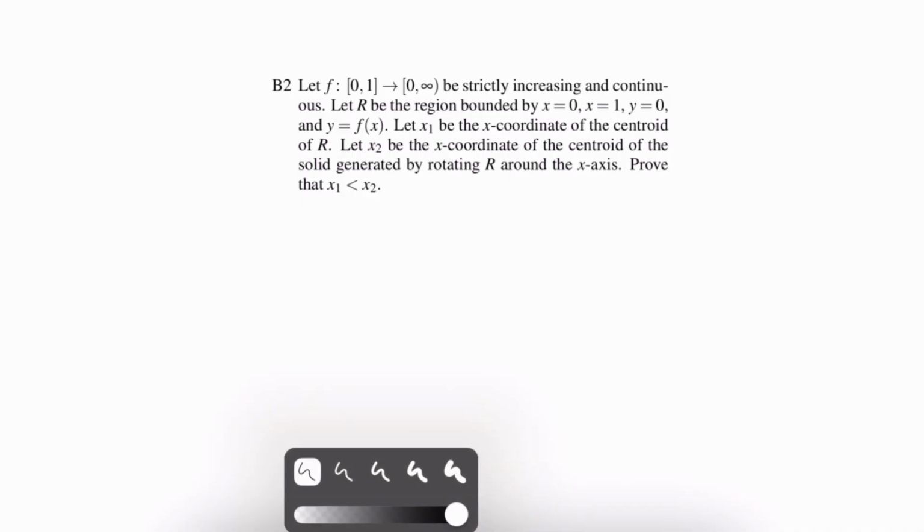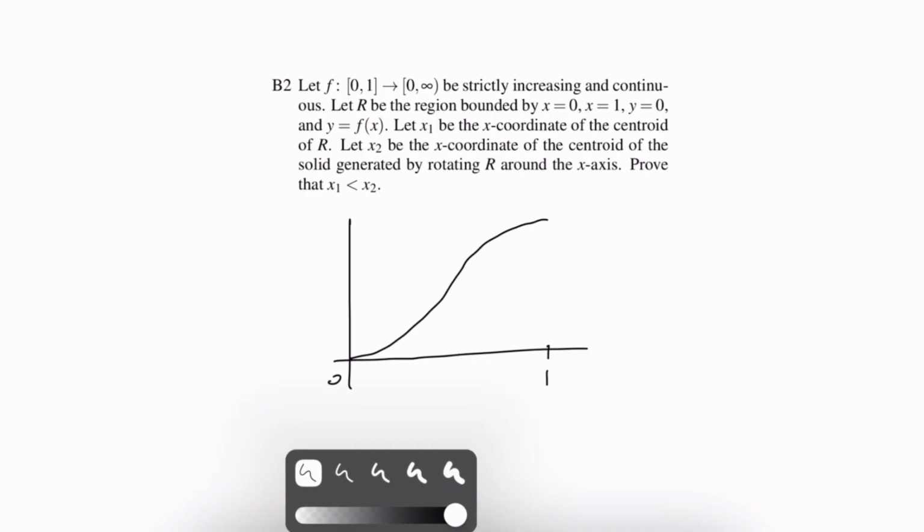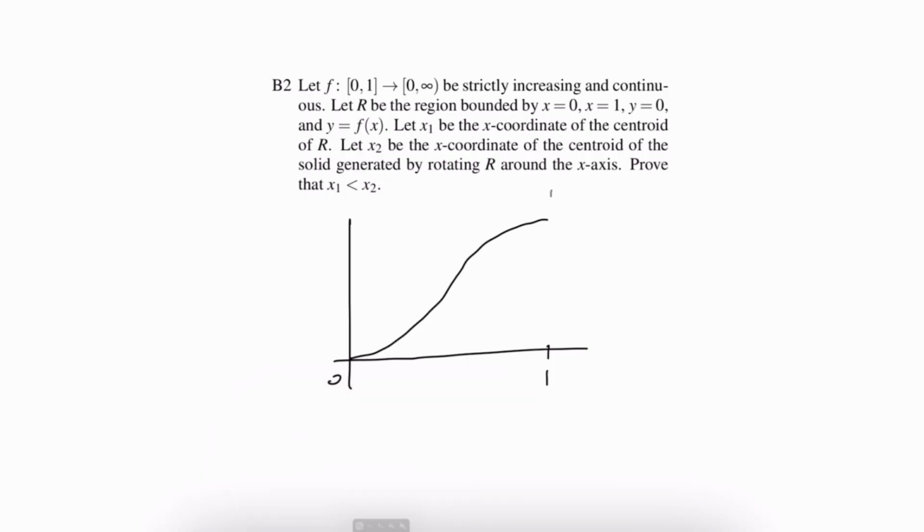So sort of drawing that out, f looks something like this, right? Just any continuous function that's strictly increasing on 0 to 1.